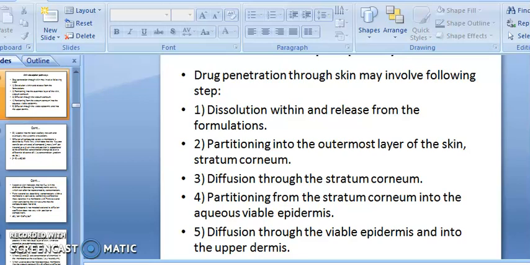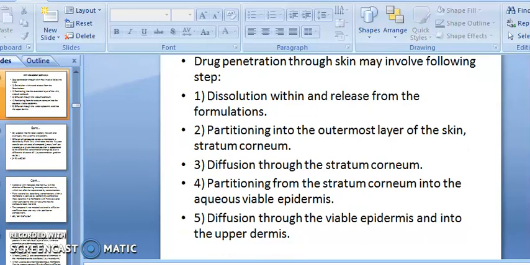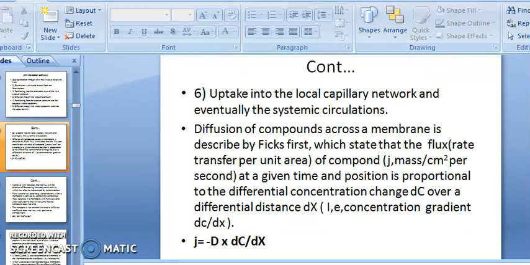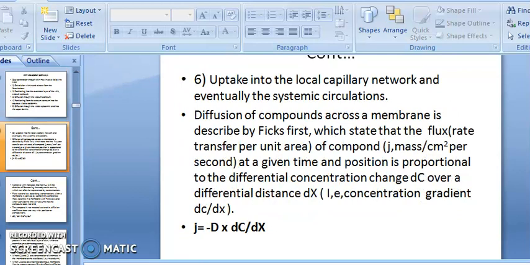Then uptake into the local capillary network and eventually the systemic circulation, where the drug reaches your systemic circulation.